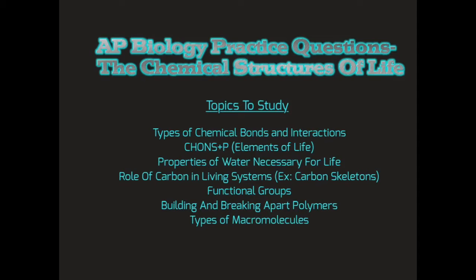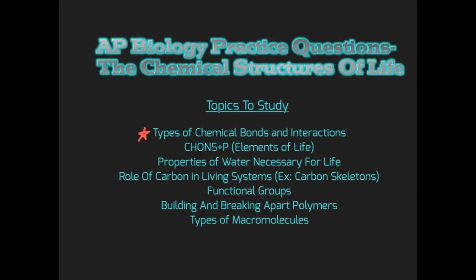So really fast, let's go over some of the topics that I would recommend you study if you're reviewing for a test or even the AP biology exam for this unit. Chemical structures of life, some of the things we talked about in the last video. I would recommend you understand the basic types of chemical bonds and their interactions, like ionic bonds, covalent bonds, etc., and how they're essential to building things in life.